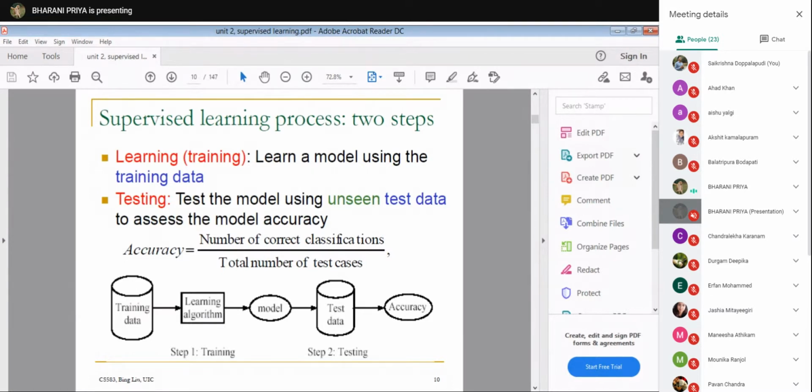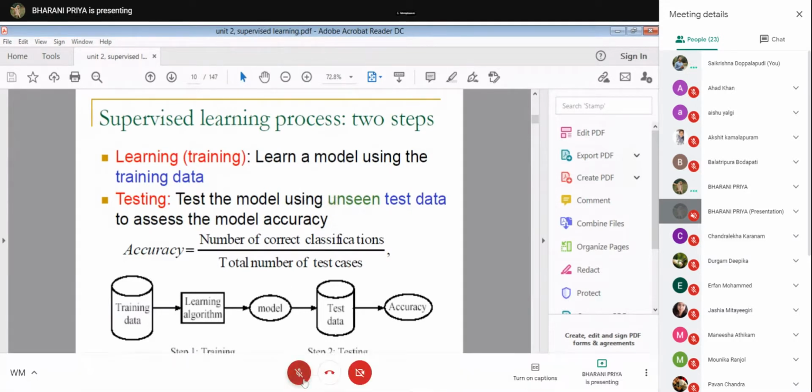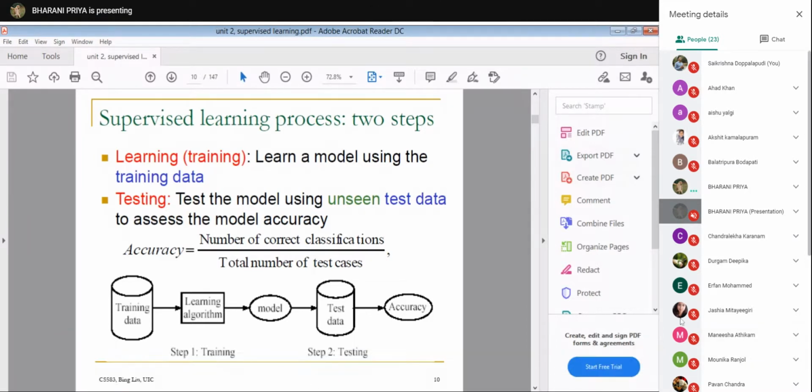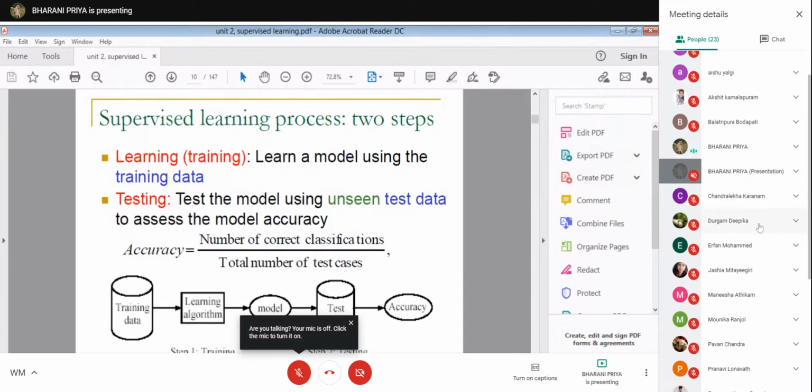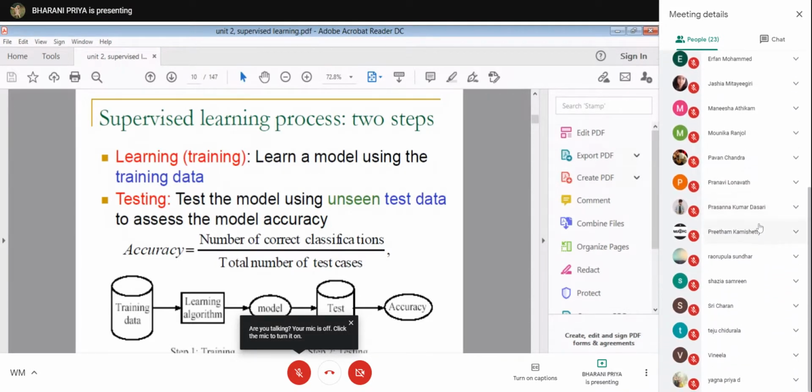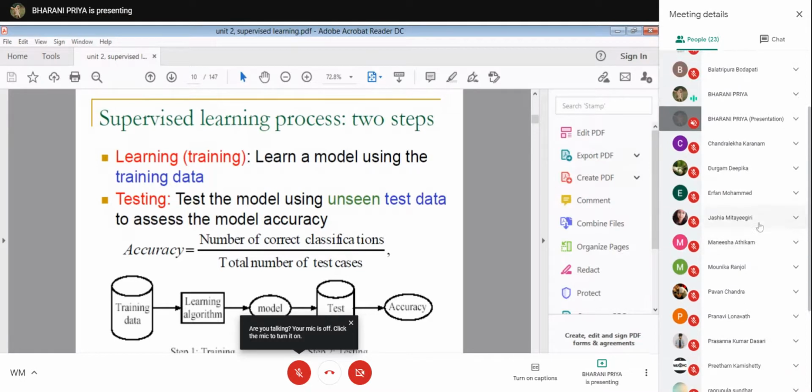Your total strength, 21, Sai Krishna. Okay. Who is absent? I forgot the name. Okay.